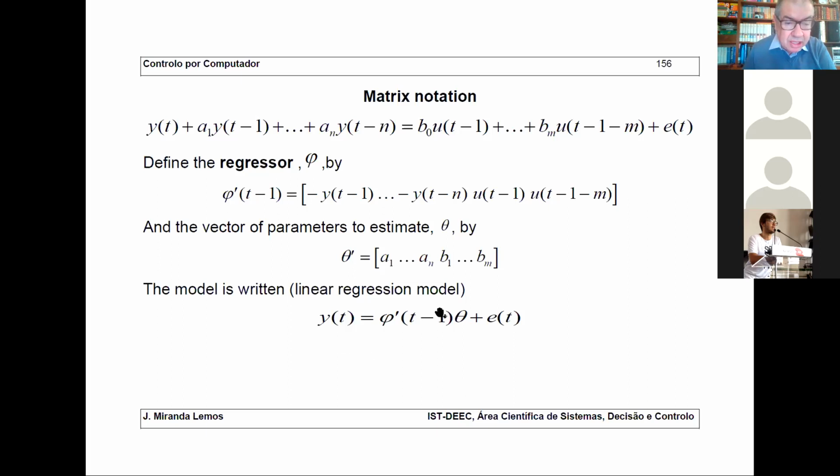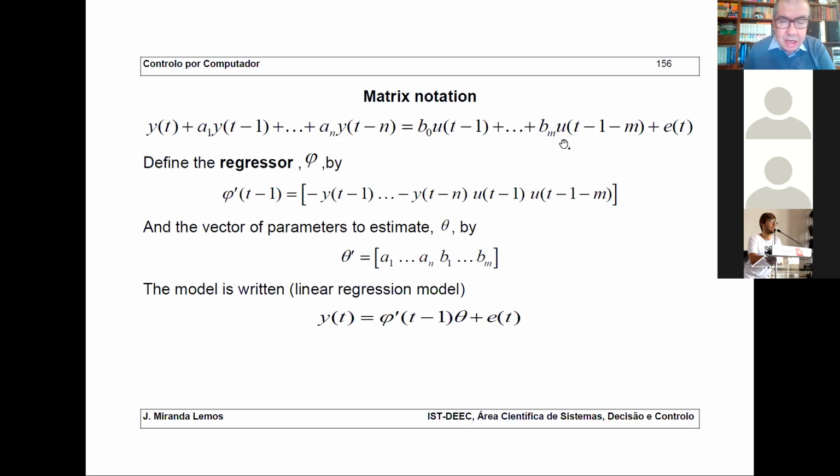Now, this model is very general, much more general than the use of representing difference equations. For instance, if you have just two quantities that you want to relate by some model, and you want to estimate the theta, you can write this model if the dependence is linear on theta. And this is valid even for nonlinear systems.